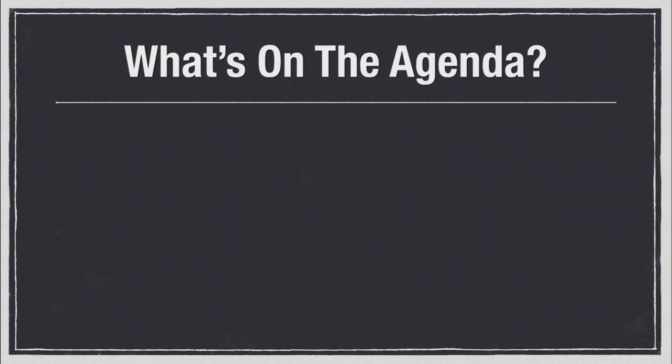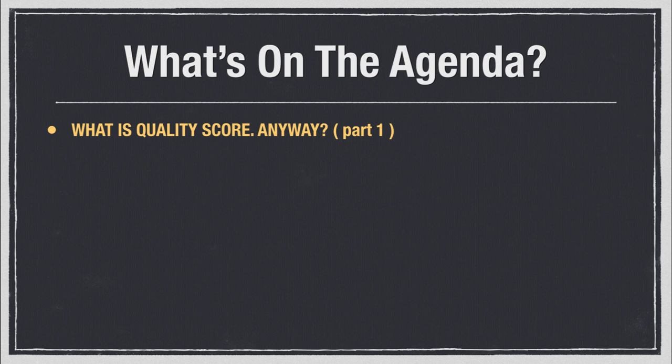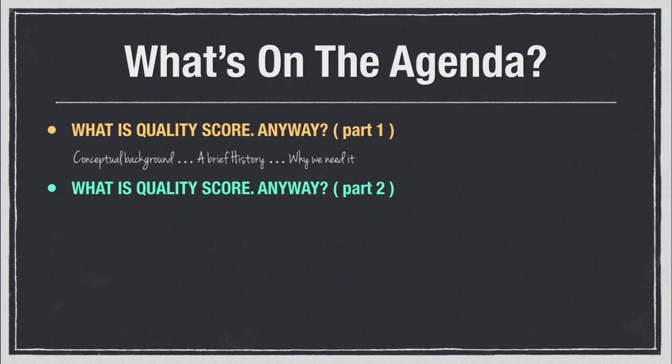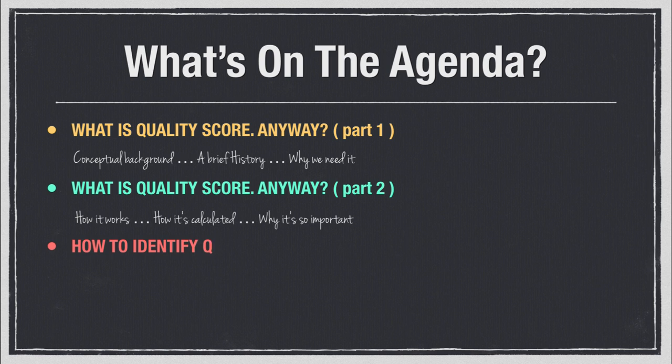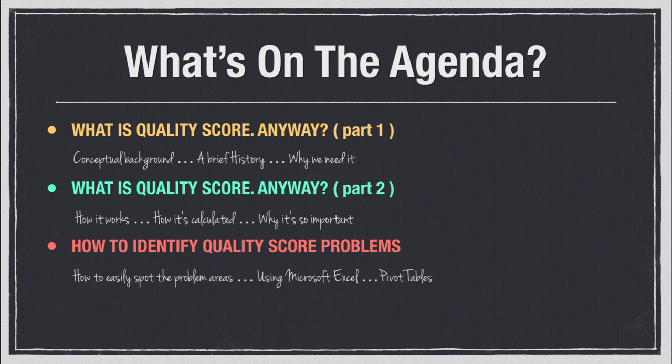Let's just get an overview of what we're going to eventually cover in much greater detail. First, we'll take a conceptual look at quality score, what it really is and why it came to be in the first place. Second, we'll take a closer look at how quality score actually works, what it's comprised of, and why it's so important. We'll then learn some very cool tips and tricks for diagnosing and identifying quality score issues in your account, and this part is especially helpful for larger accounts.